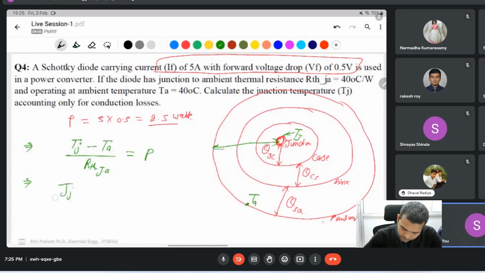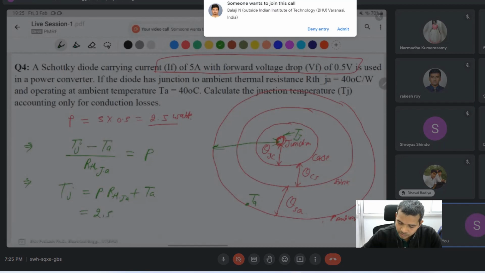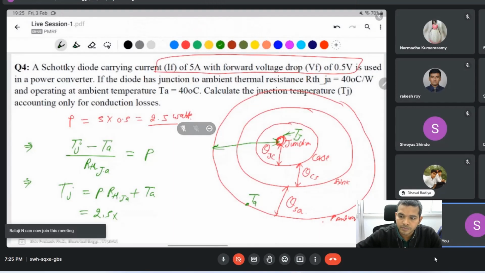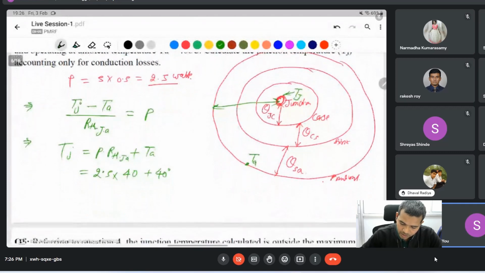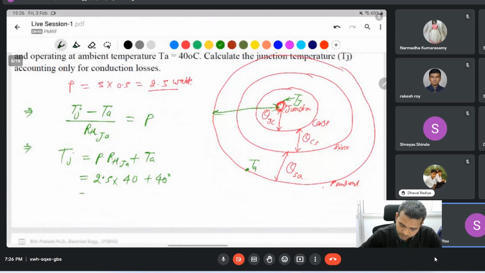Then TJ is P into RTH J to A plus the ambient temperature. 2.5 into RTH, given as 40 degrees centigrade per watt, plus TA is 40 degrees centigrade. That gives 140 degrees centigrade, the temperature of the junction.